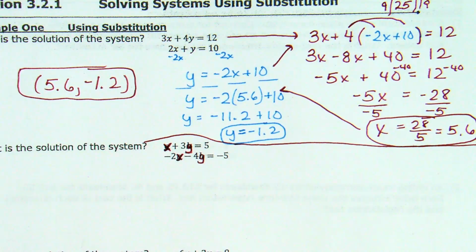So, now that we're past the G and H issue, what's your first step in substitution? Pick one equation and solve it for either x or y. Just depends on the situation. Which one would be easiest to solve in this case? Top one. Solve the top one for G, or in other words, what I'm going to call x.